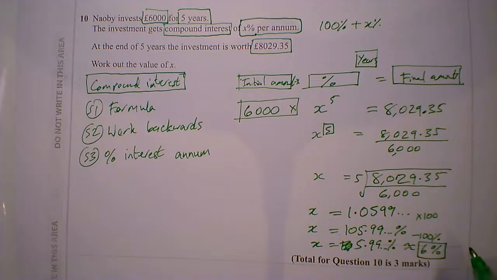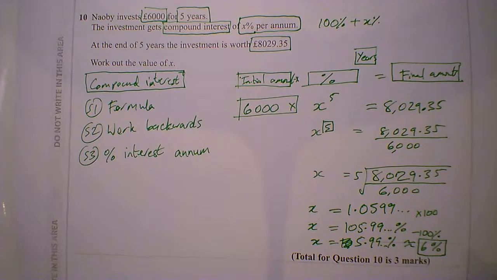And I'm just checking the mark scheme. You can have anything between 5.99 to 6. 6% is my final answer.